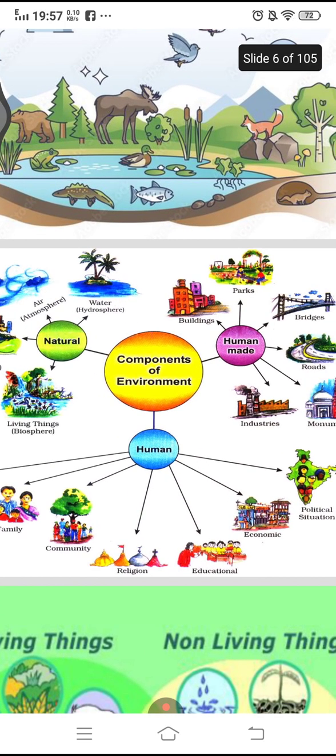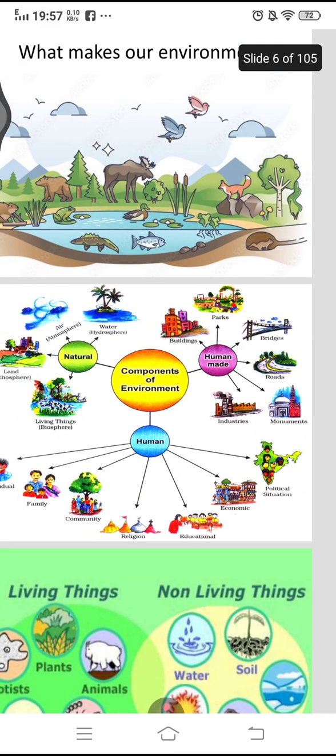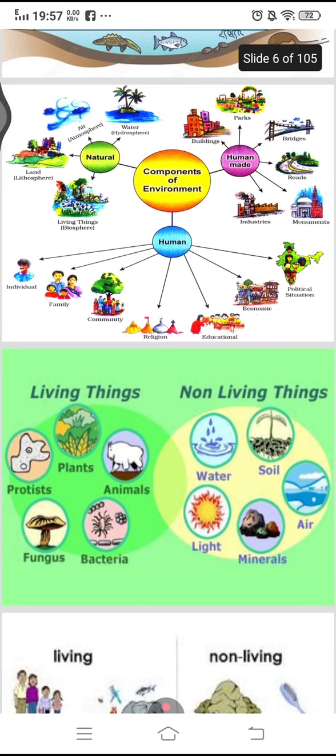And humans make this environment very interactive.